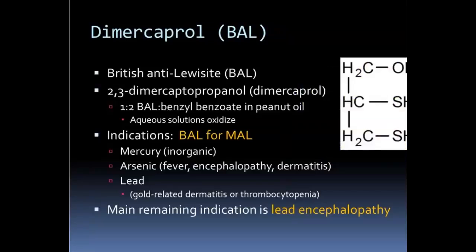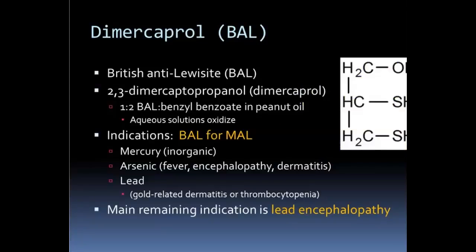The chemical structure is on the right there. It's a short-chain hydrocarbon with 2 thiol groups. Thiol groups are S and H, so sulfur-containing groups. And the longer name, dimercaprol, is actually 2,3-dimercaptopropanol.